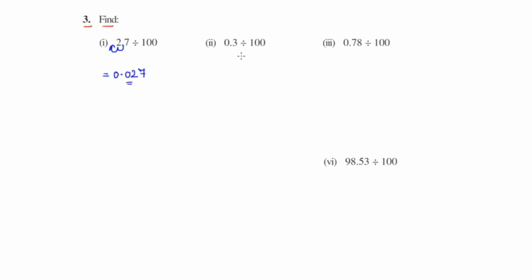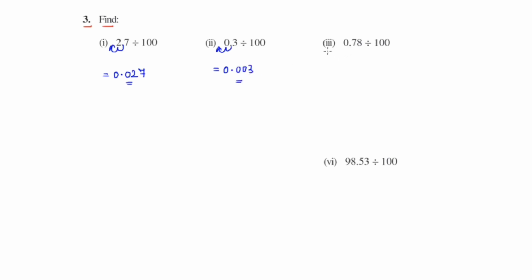Clear? Now moving to the second part. In this part again we have the decimal between 0 and 3. So this decimal will move towards the right by 1, 2. It means that we need one extra 0 after the decimal to fill up that vacant place. So the final answer will be 0.003. Clear?